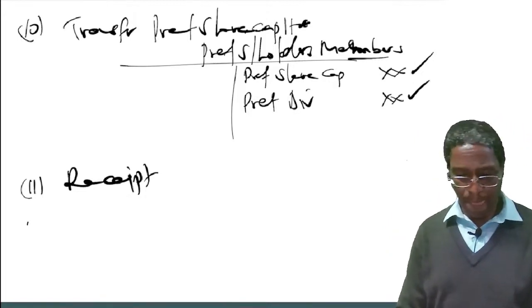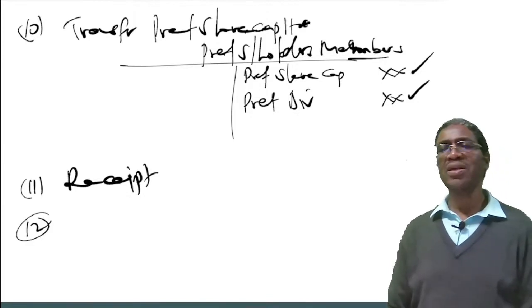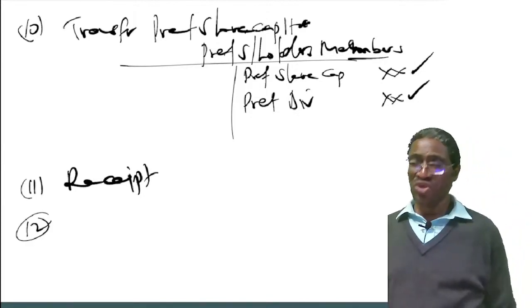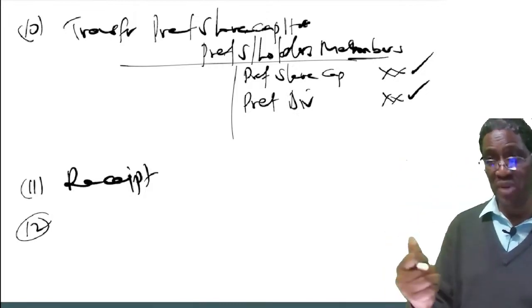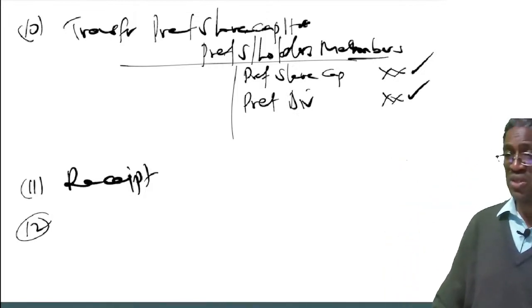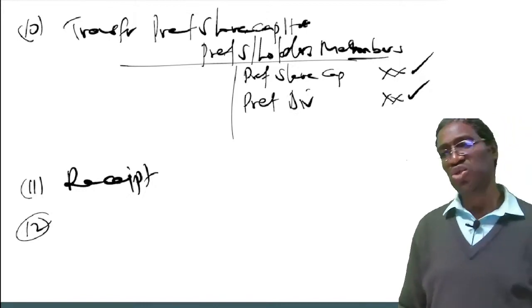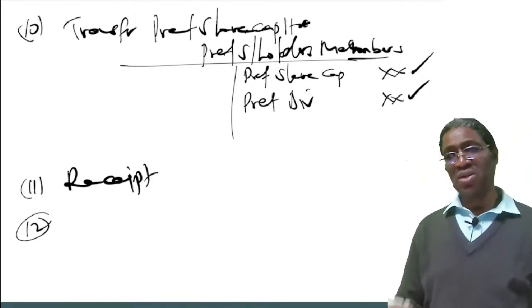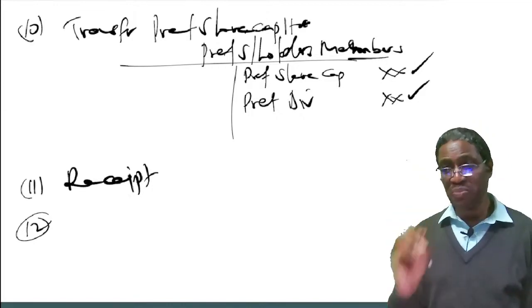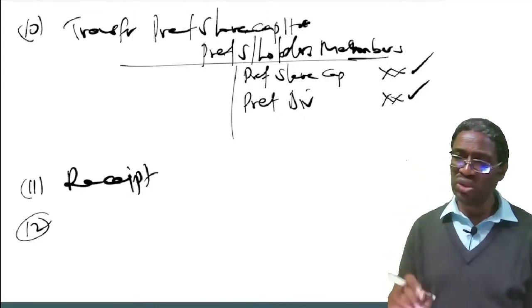Number 12. Now listen. You, company A, now have cash, you have shares, you have debentures. You have received them. I told you that when a company is liquidated, the stakeholders must be paid what is due to them.